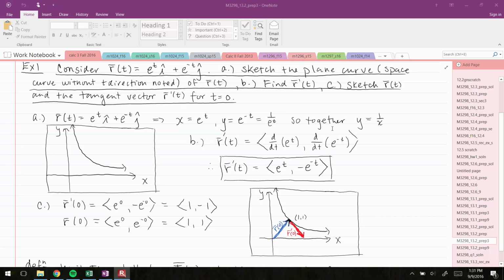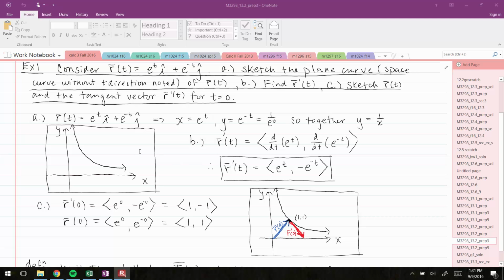You can note that y is 1 over e to the t, which is simply 1 over x. So to eliminate the parameter, y equals 1 over x. And here it only makes sense to have the positive x, so that graph is this.